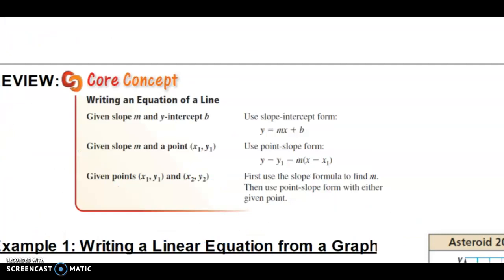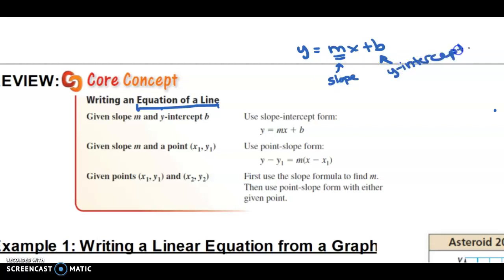All right, so let's review a few different ways we have to write the equation of a line. Just to recall, we eventually want it in the form y equals mx plus b, because this is our slope, and this is our y-intercept. That is the most useful way to write a linear equation.